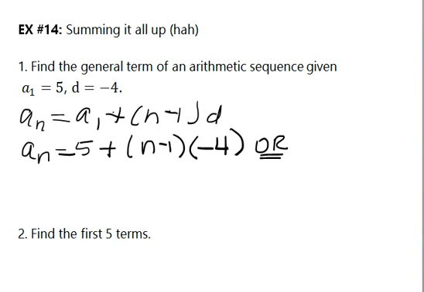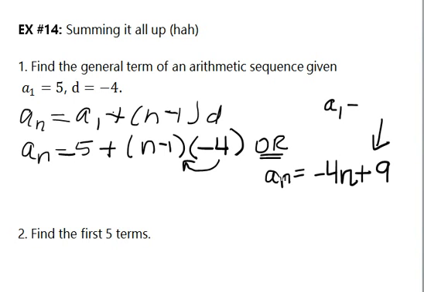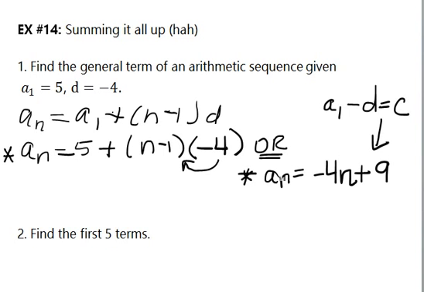I can go ahead and distribute this negative 4 into each of those values, and it means the same thing: negative 4n plus 9. And this value right here, the 9, is the first term minus the common difference. And this is also another equivalent way of writing our explicit formula. So you can use either this method or the alternate right here.